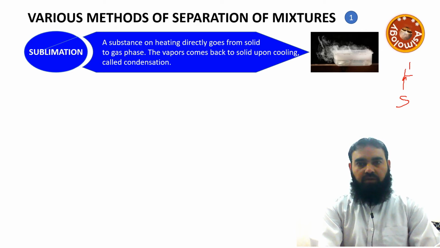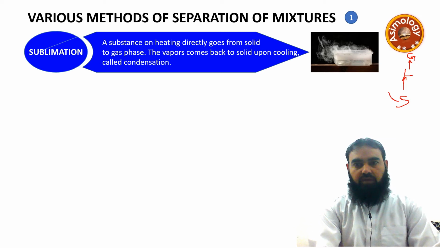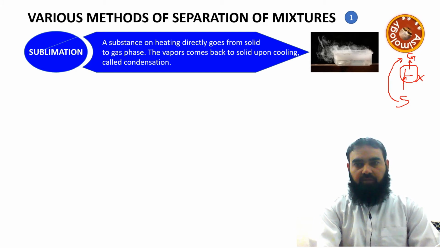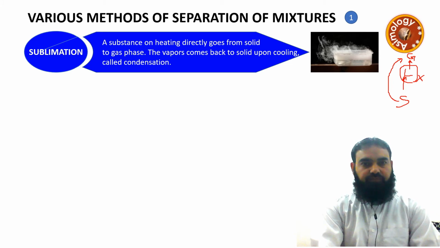And when this liquid is heated up, it goes to gaseous state and gives you vapors. But some substances, when heated, can go directly to the gaseous phase, bypassing the liquid phase. Those solid substances are called sublimable.